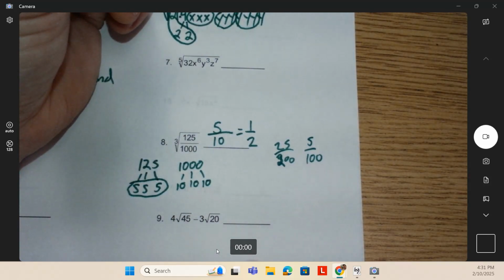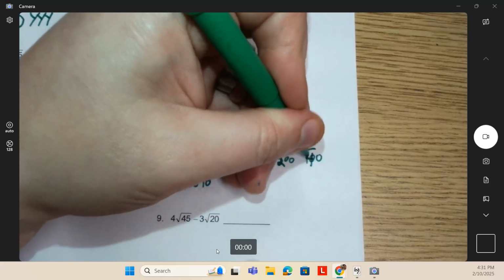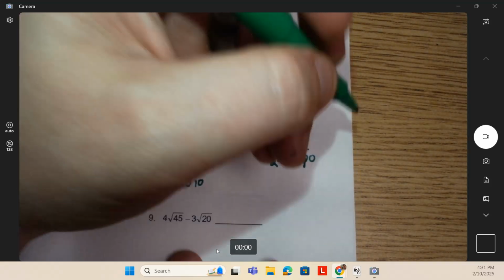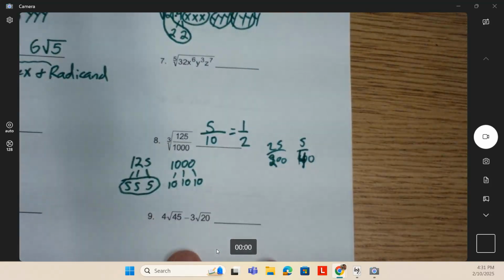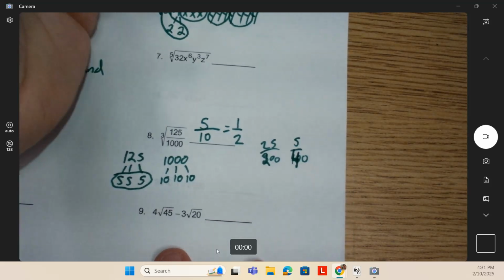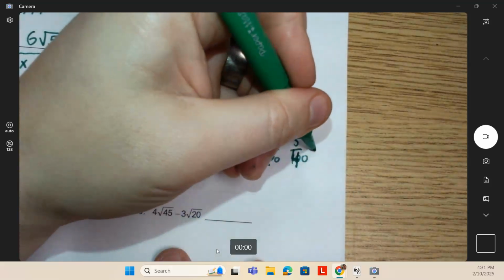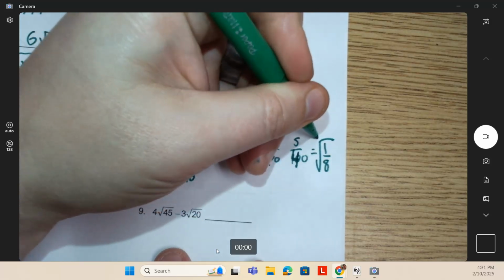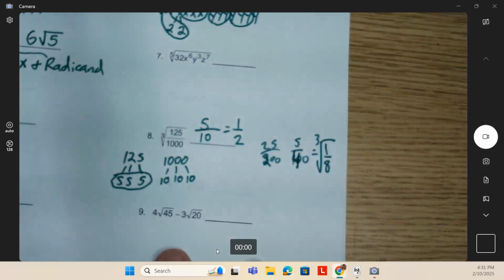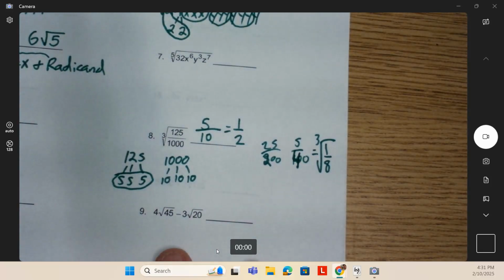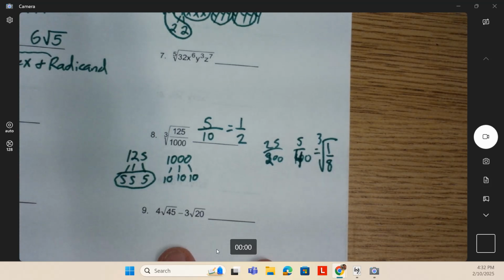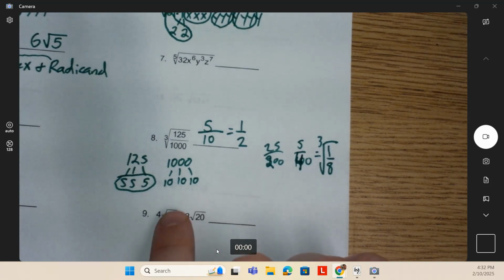And then 200 divided by 5 would be 40. And then 40 divided by 5 would be 8. So it would equal 1 over 8. And I do the cubed root of that, which would get you to 1/2 as well. So either way works. Haven't done that way before, but it's still going to work out for you if you carry it all the way through.